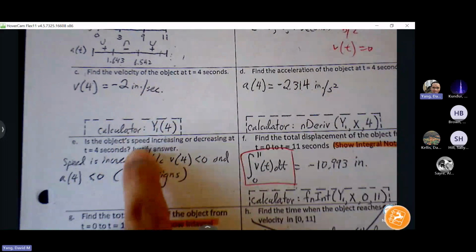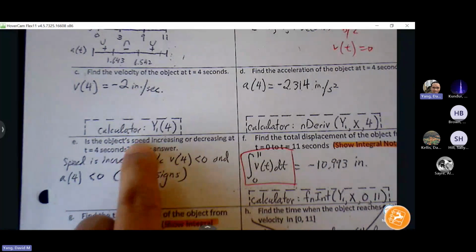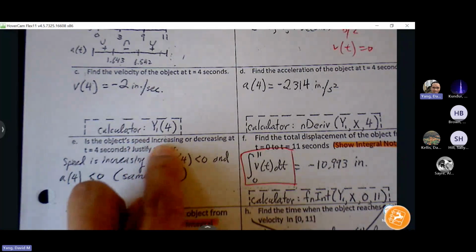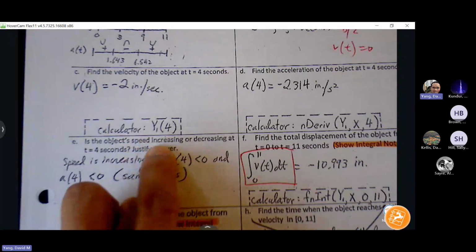Now, let me change the question up a bit. What if I said, is the object's velocity increasing or decreasing? What would you look at? I know you want to look at velocity because you see the word velocity, but is the object's velocity increasing or decreasing? It's not saying is the velocity positive or negative. It's saying is the velocity increasing or decreasing?